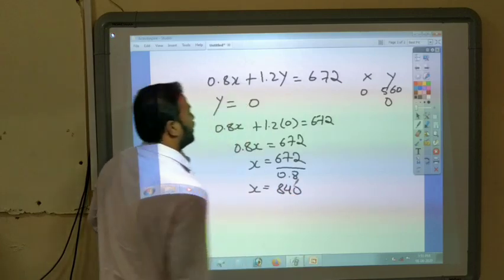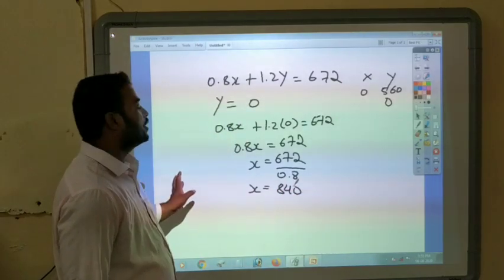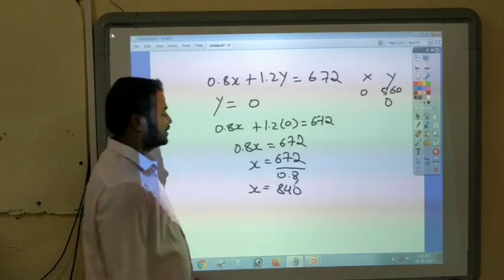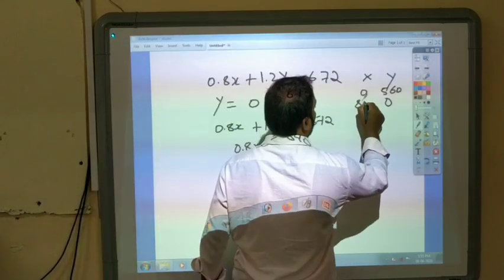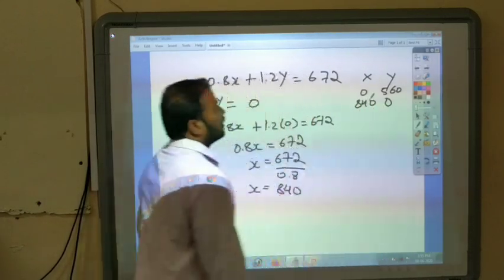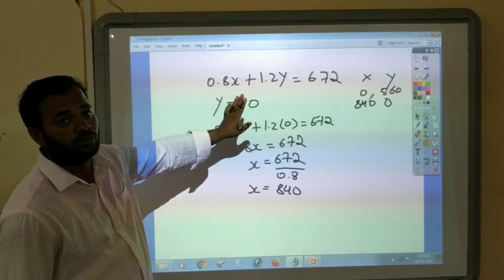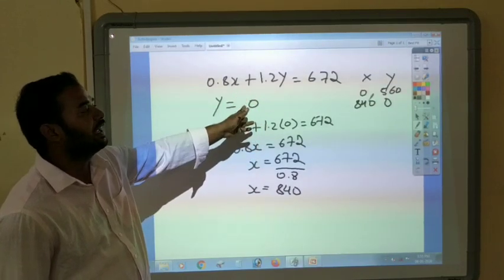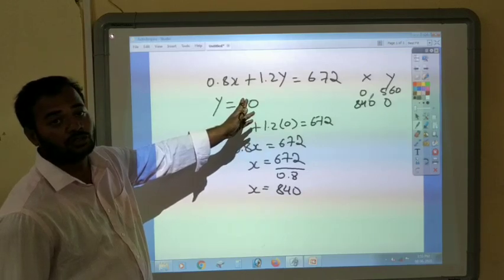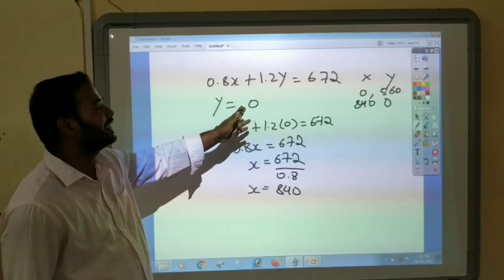When we divide 672 by 0.8, the value of x becomes 840. Now, when putting the value of x equal to 0, we get the value for y is 560. When we put a value for y equal to 0, we get the value for x is 840.